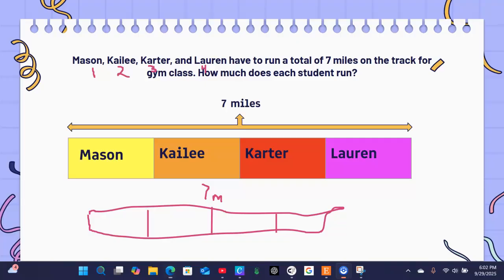So here's my expression that I would write. I have a total of 7 miles that need to be shared. Let me write that out because I want everybody to be clear about how to write this. So I have a total of 7 miles that I need to run, and I have 4 people.